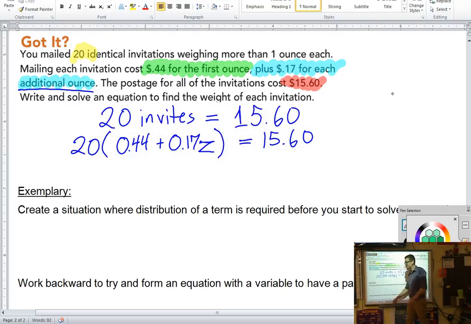This is what we want to stop. So to stop that from multiplying in, we divide by the 20 on both sides. That tells me one invitation costs whatever I get on this side: our 44 cents plus 17 cents for each additional ounce.